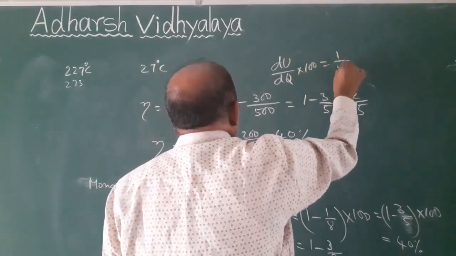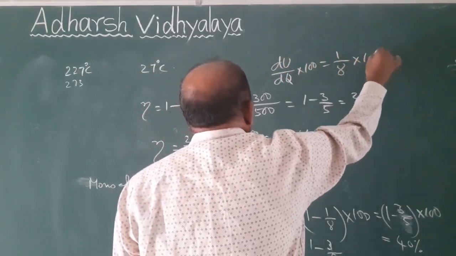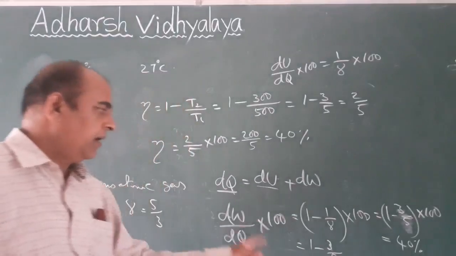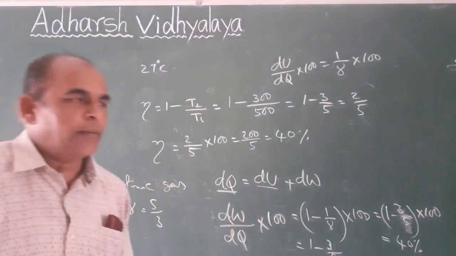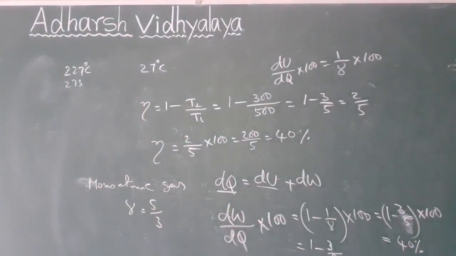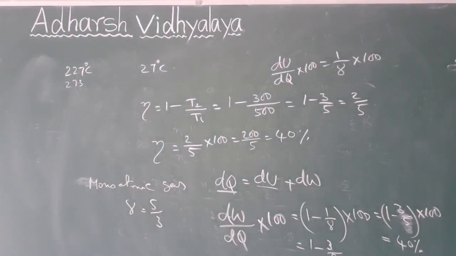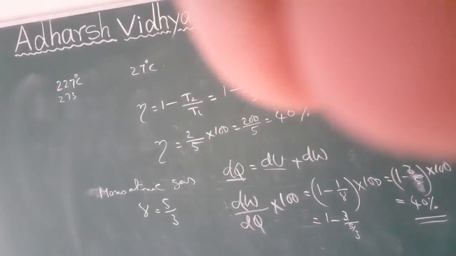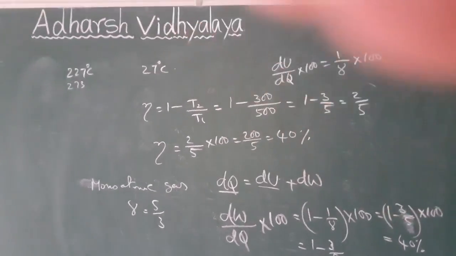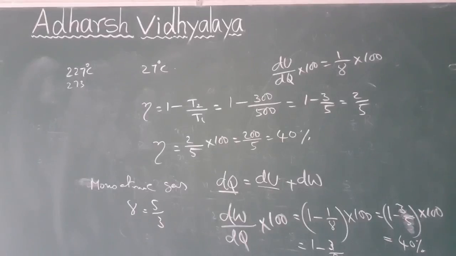That is 1 by gamma into 100. Here, 1 minus 1 by gamma into 100. So that is a percentage of work done.